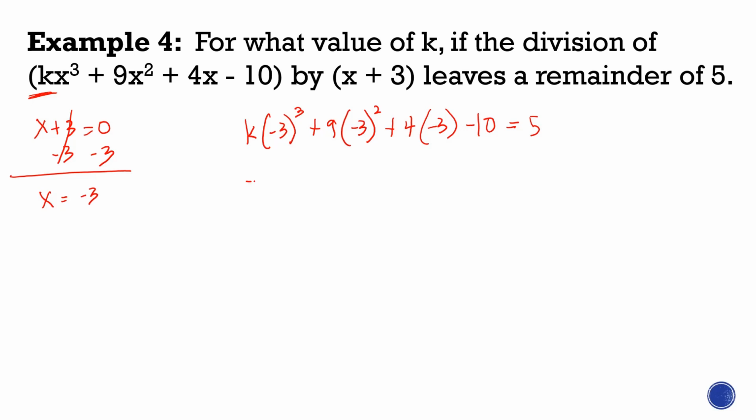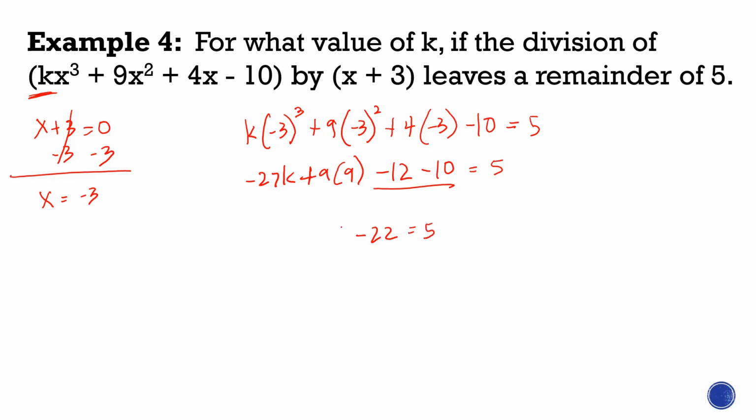So this is going to be negative 27k. Negative 3 raised to 3 means negative 3 times negative 3, which is 9, times negative 3 is negative 27. Plus 9 times 9, negative 3 squared is negative 3 times negative 3, which is 9, minus 12 minus 10 equals 5. We can solve this. That's negative 22.